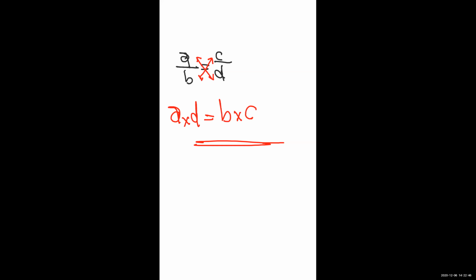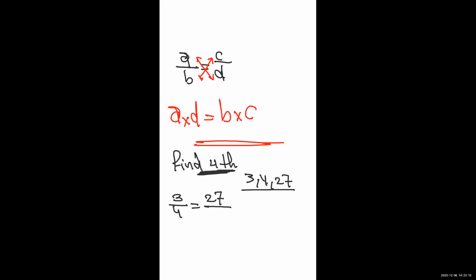One simple example on this point. Find the fourth proportional of the following quantities: 3, 4, and 27. So 3 over 4 equals 27 over the fourth proportional, which I will write as x.